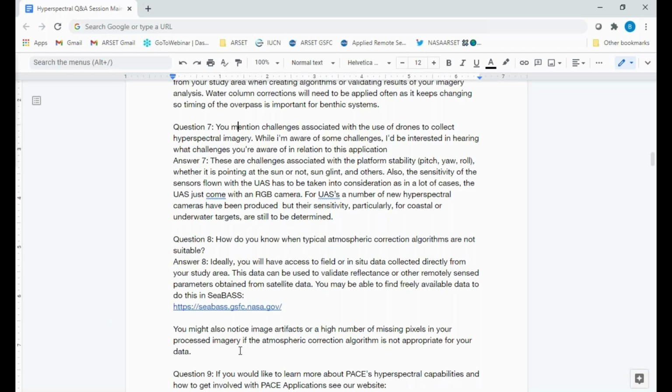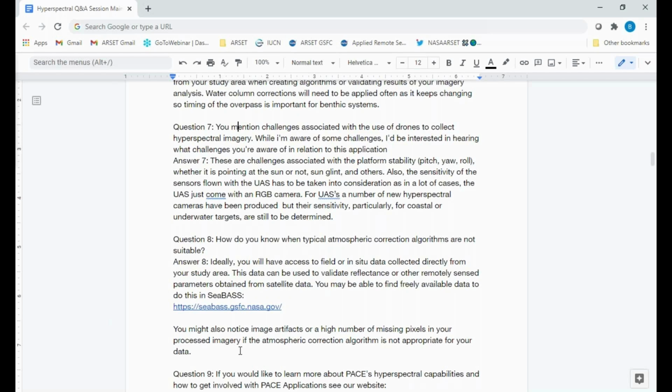So there's a lot of ground to be covered to solve some of these challenges associated with using drones for hyperspectral imagery, or any other type of imagery for that matter.